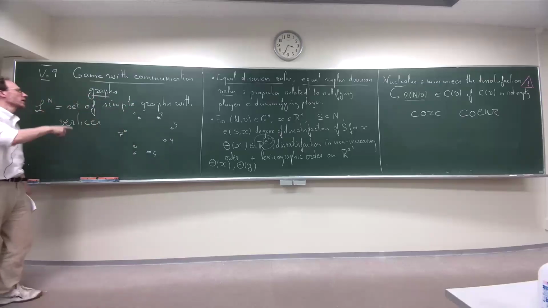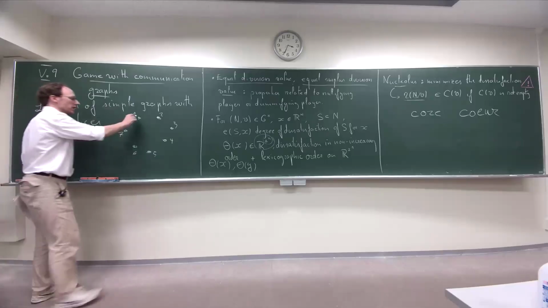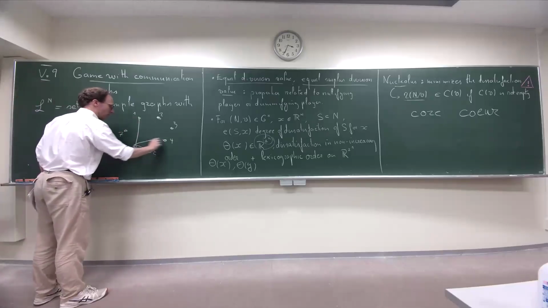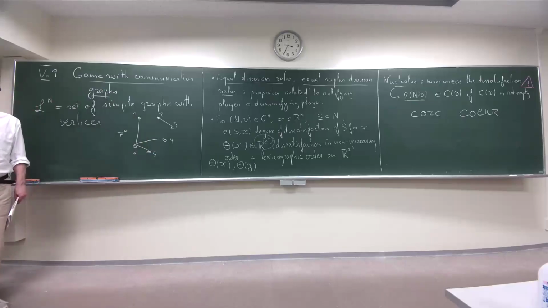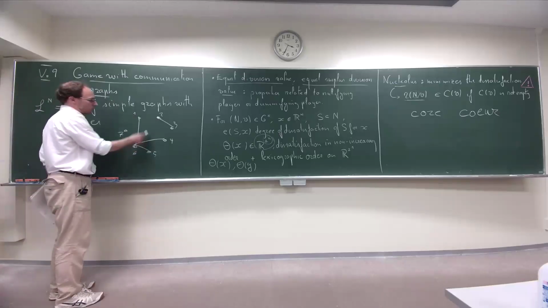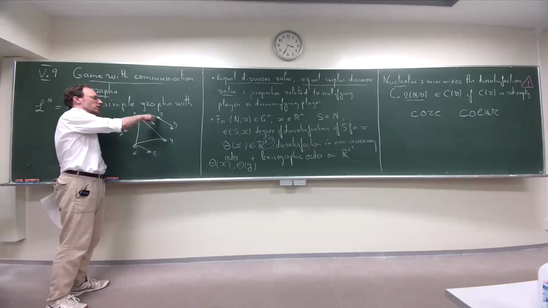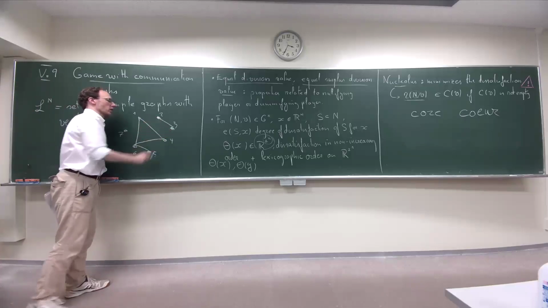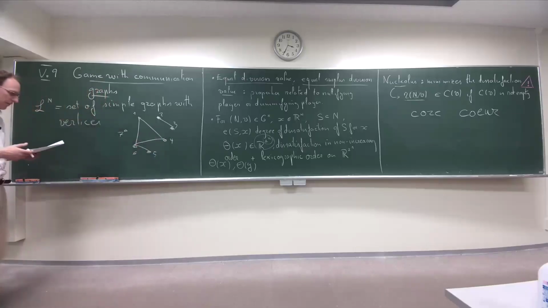So I use the same index as for capital N, and then I put some edges. And it's a simple graph because we don't have any double edge, so we don't have two edges between two vertices, and we don't have loops. So it's a simple graph.